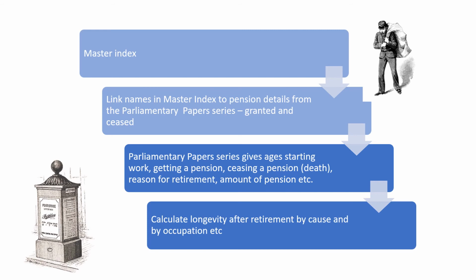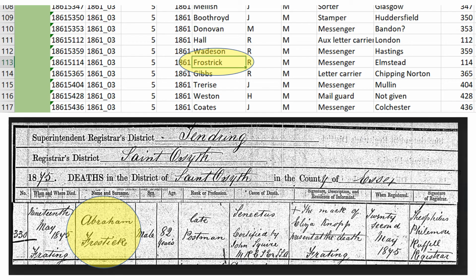Did the higher grades, for example, live longer after retirement than those who were at the bottom of the pay scale? So these parliamentary papers and the handwritten indexes are important to help us answer those kinds of questions. And with that information about deaths, we can begin to track people through to their death certificates much more easily.